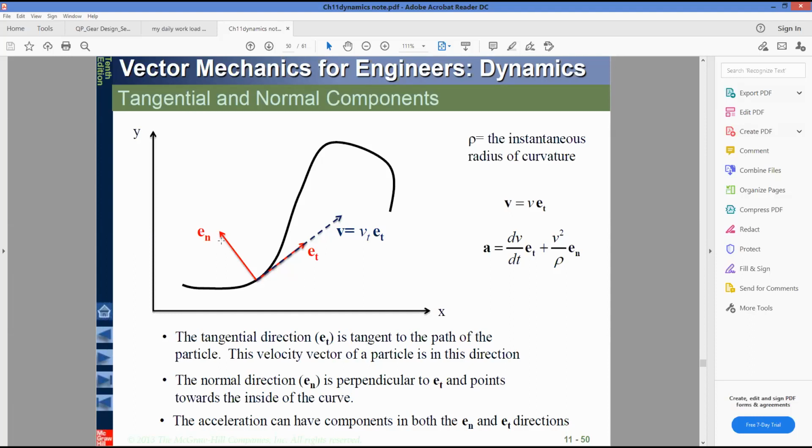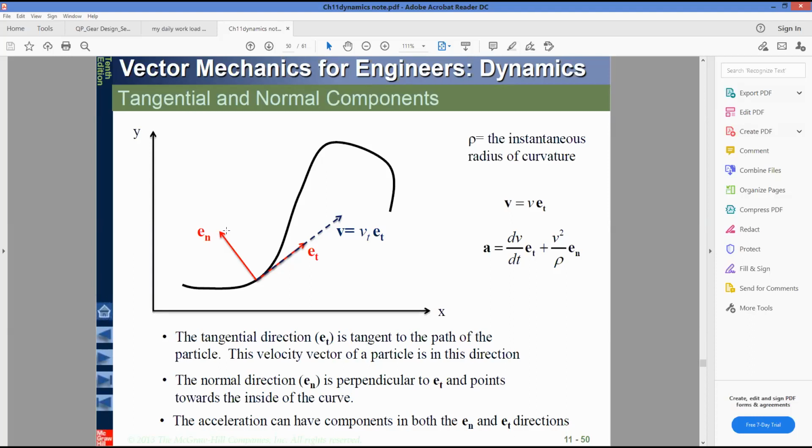Okay. I think you all know that acceleration means the time derivative of the velocity, right? Remember that in a rectilinear motion, the acceleration which we have already found out is in the direction of the velocity also.